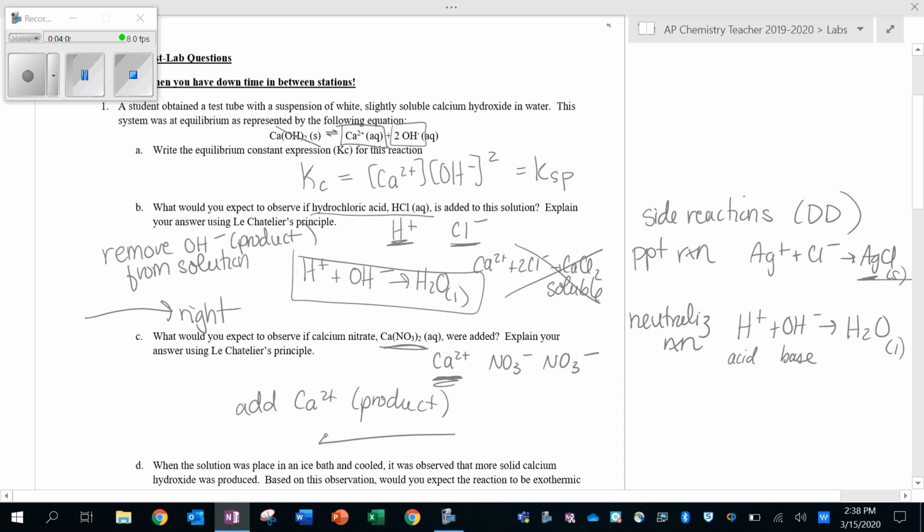So the reaction is going to shift to the left in order to use up that excess product that you added. Okay, because the system's going to react in order to try and restore equilibrium. So if you took away product, it's going to shift to make more product. If you add too much product, it's going to shift to use up that excess product.